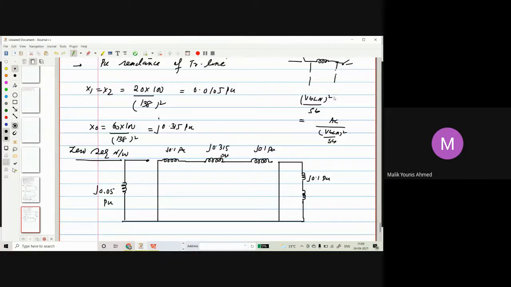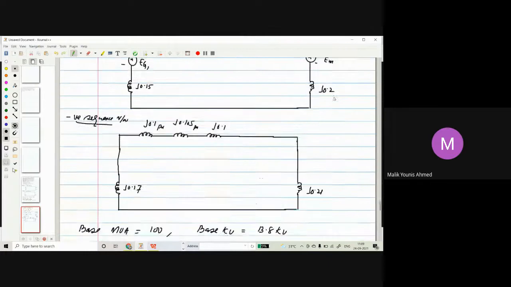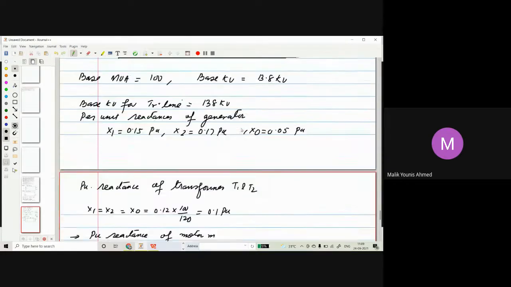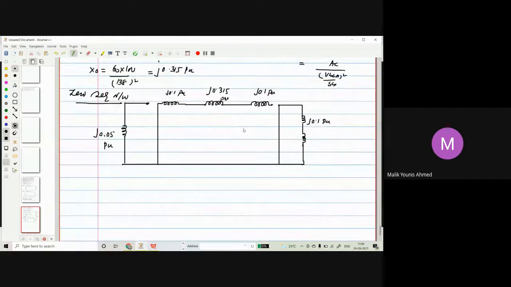And 3xn is given here: xn is 0.05, multiplied by 3. For the motor, zero sequence is 0.1 and xn is 0.05. We already know that because of the zero sequence it will have 3 into J0.05, that will be J0.15. So this is the complete network drawn for the zero sequence network.